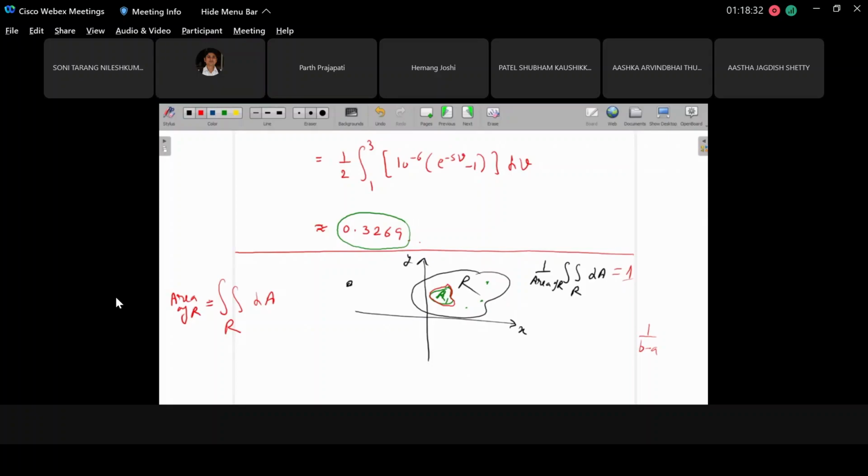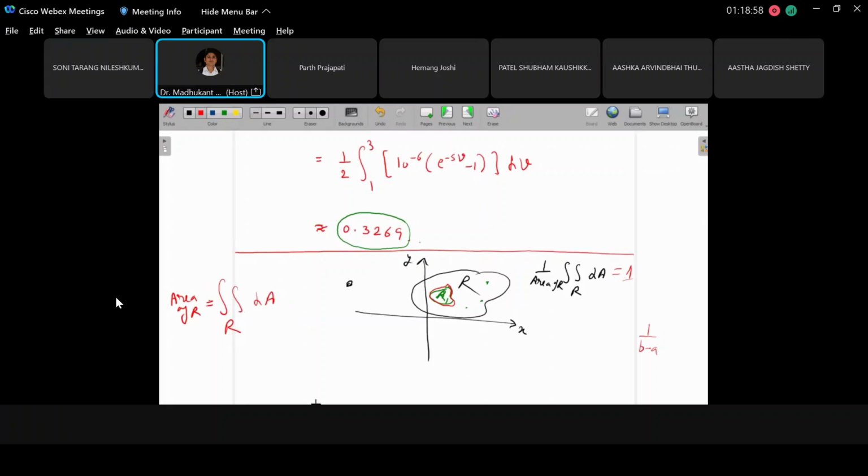Sir, will it be the integral of the CDF? The CDF in terms of the two random variables over the region we are considering? What is the CDF?